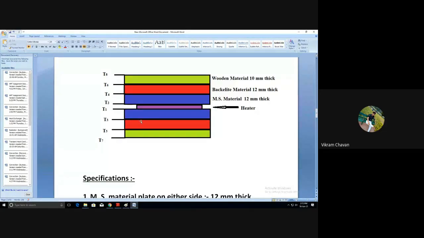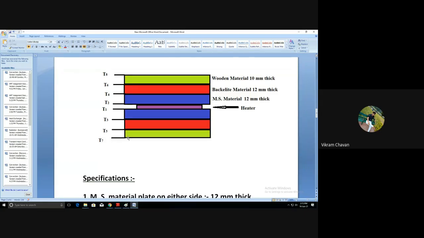In a similar fashion, the T5 thermocouple is placed centrally after this bakelite plate, and the T6 thermocouple is placed in the upward direction centrally after this bakelite plate. So T5 and T6 have the same configuration, or the same thermal resistance; they are placed equidistant from the central heater.